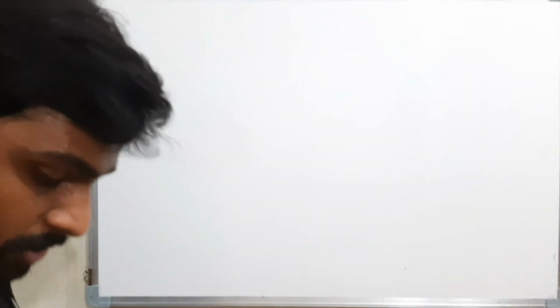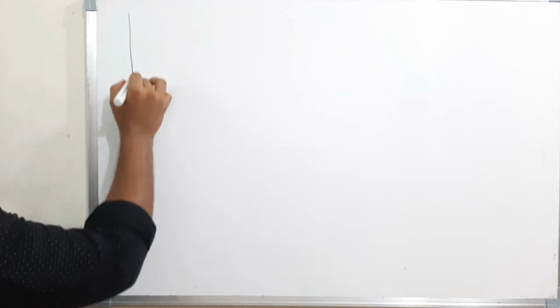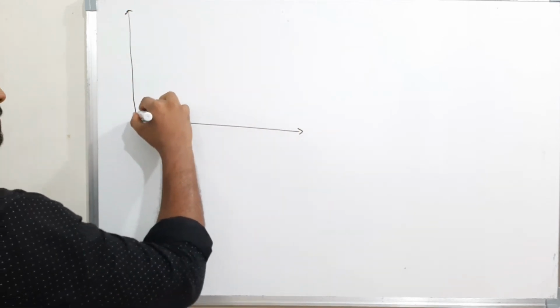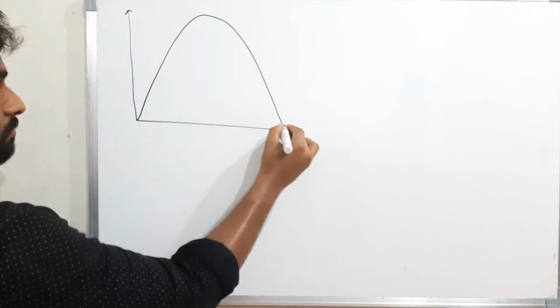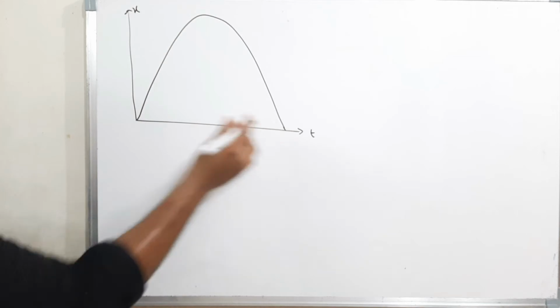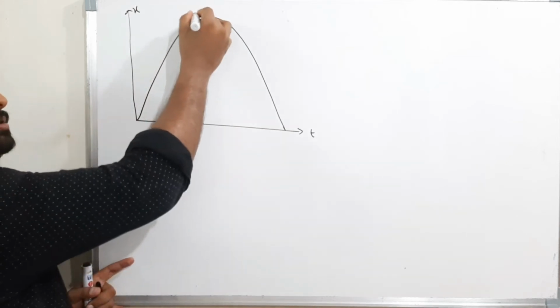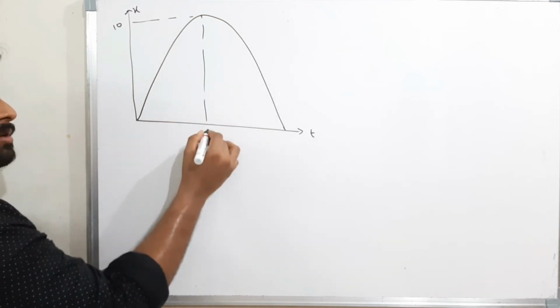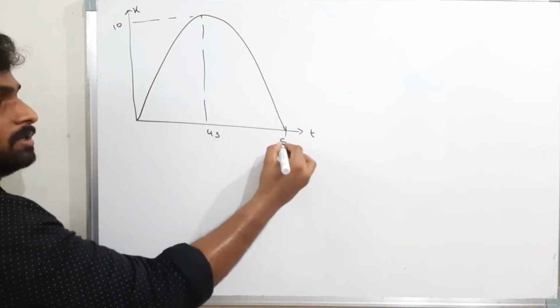Okay, now we'll see one more question. Now see, observe carefully. Displacement versus time graph. Here the displacement is 10, and here the time is 4 seconds and here the time is 8 seconds.